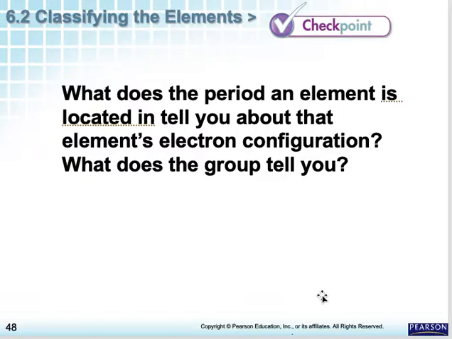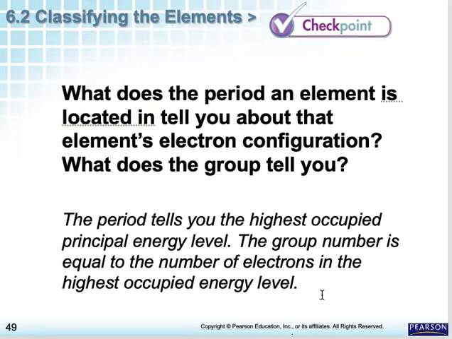What does an electron configuration tell you about an element? What does a group tell you? Well, if we know the period, then we know what row it is on the periodic table, and what's the highest occupied level, or the principal energy level. And the group will tell us how many electrons are filled into that level, if it's an S or a P element.